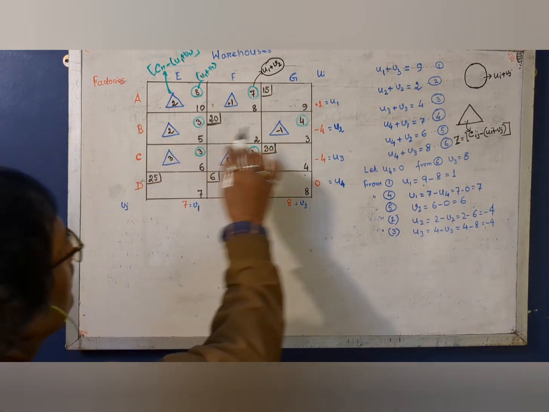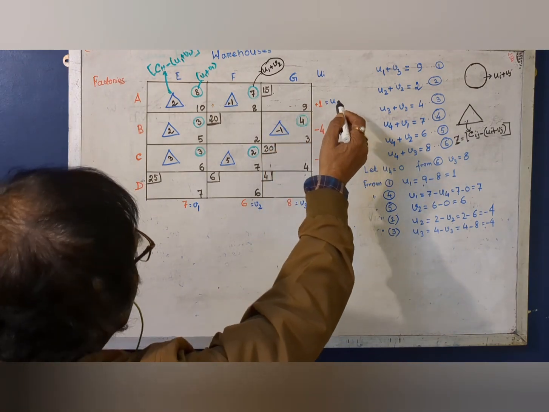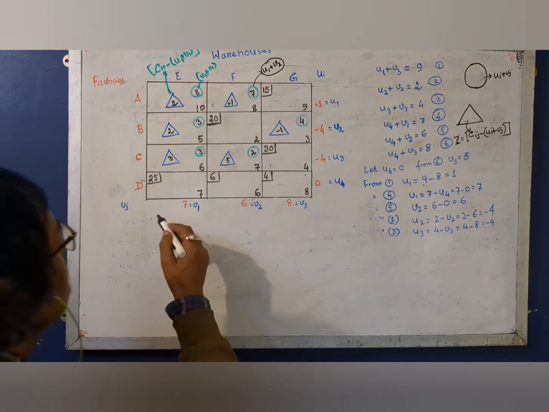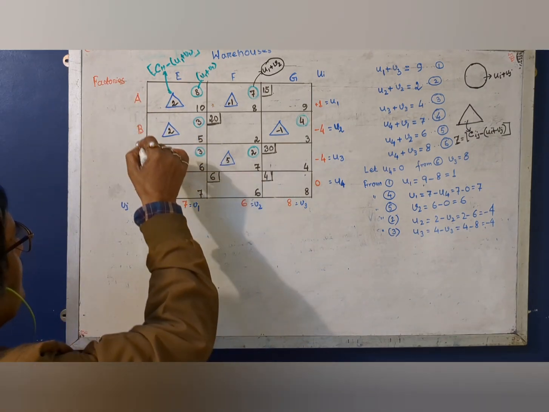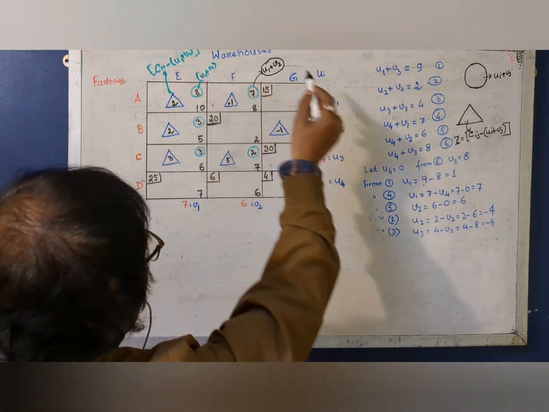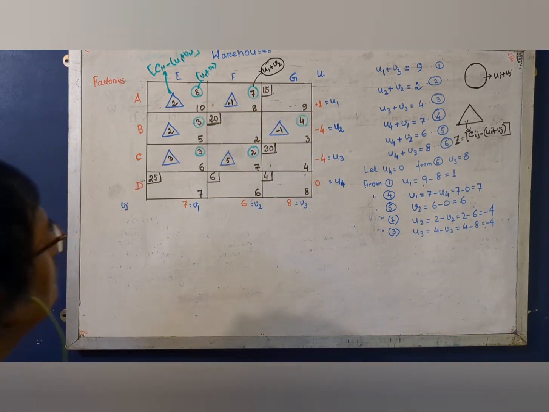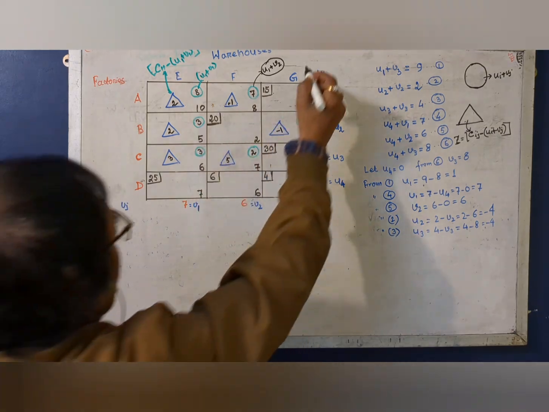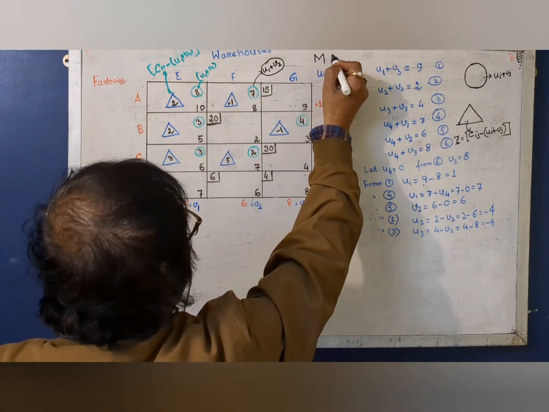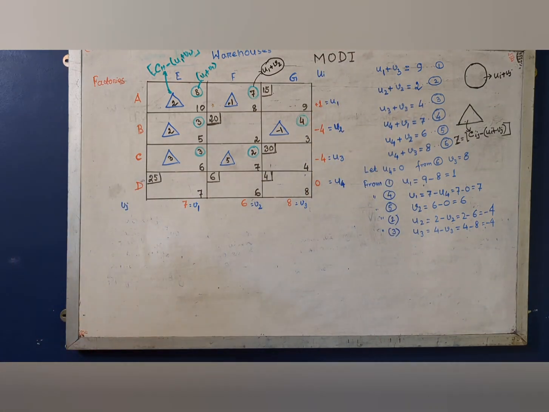In that problem, the total availability and the total requirements were given. These are the factories A, B, C, D, and these are the warehouses D, E, F, G. Now I am going to show how you will optimize this by the MODI method. MODI full form is Modified Distribution Method.